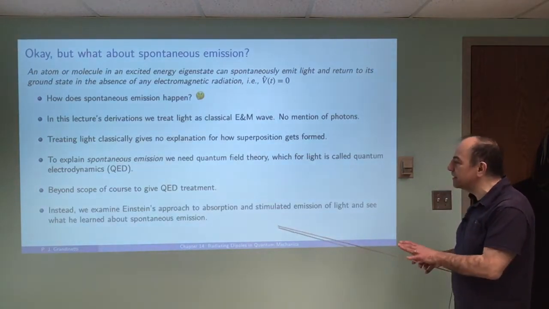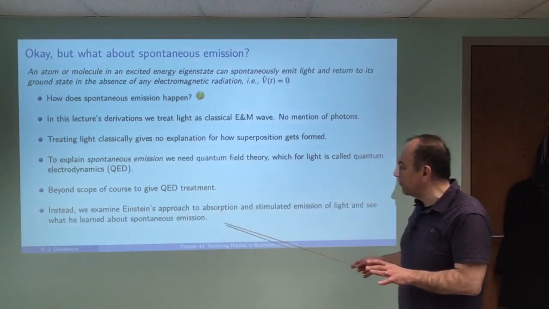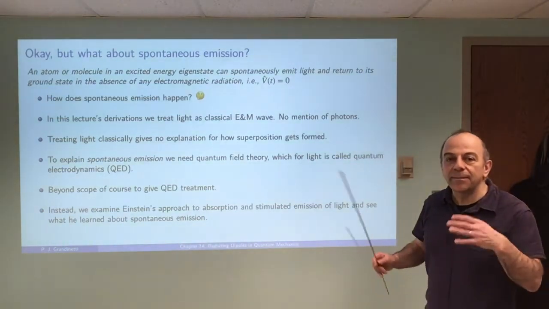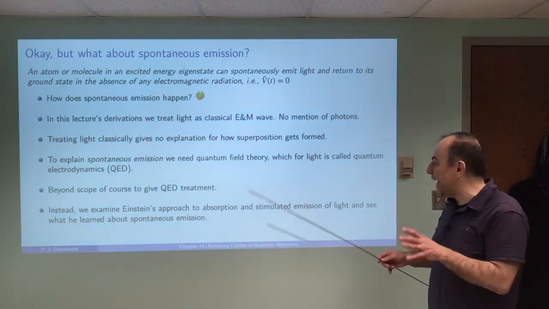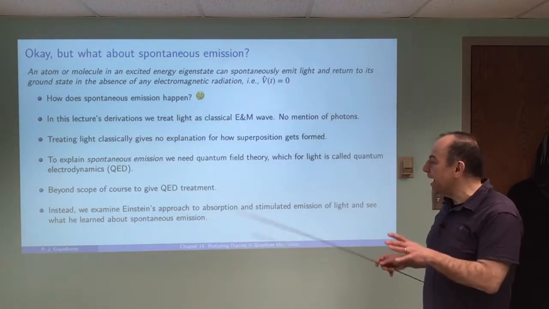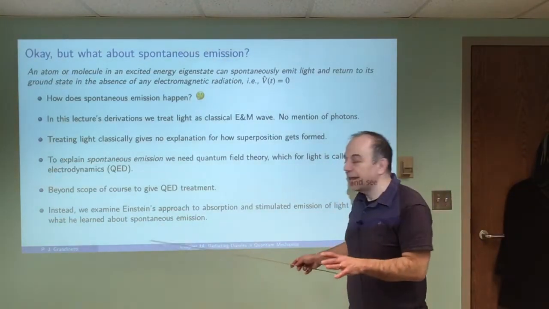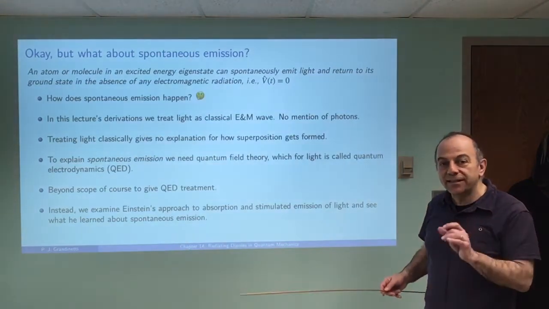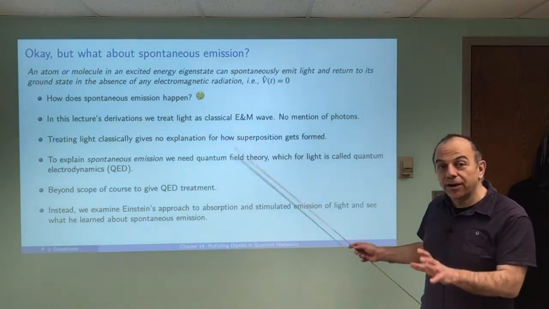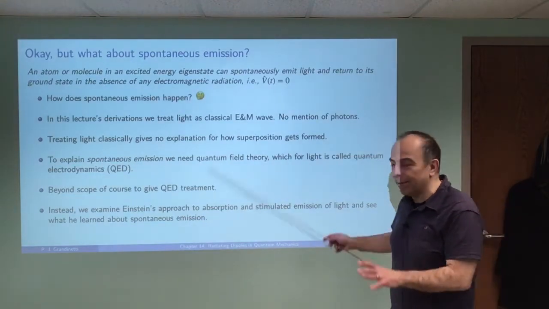What we're going to do is look at Einstein's approach for taking the stimulated emission and absorption of an atom or molecule interacting with light and using that to learn about the rate of spontaneous emission that might be present. So he did this without actually even knowing Schrodinger's wave equation or quantum electrodynamics.